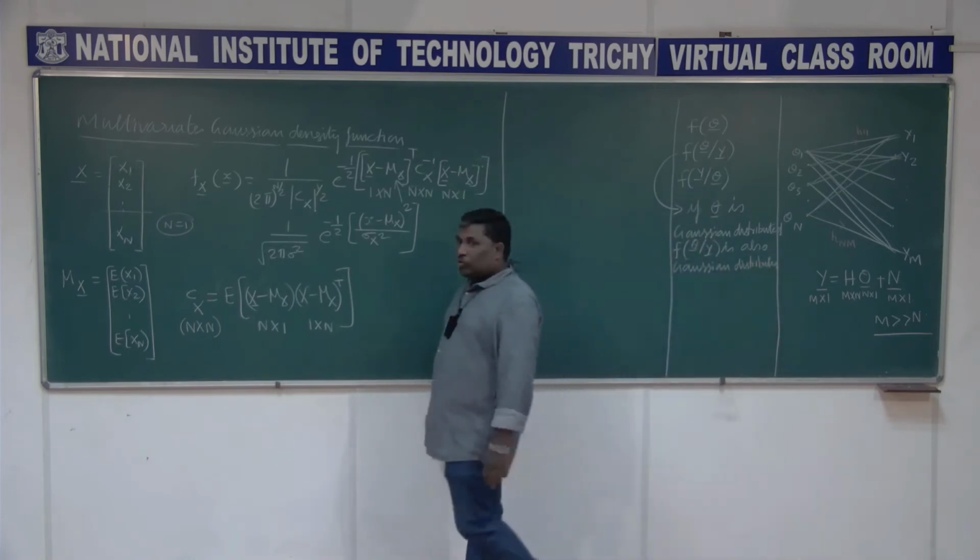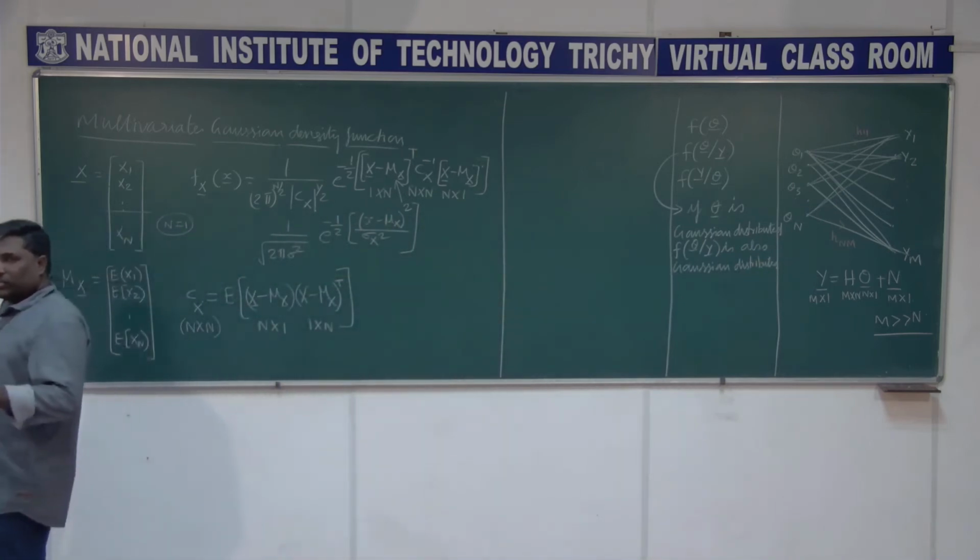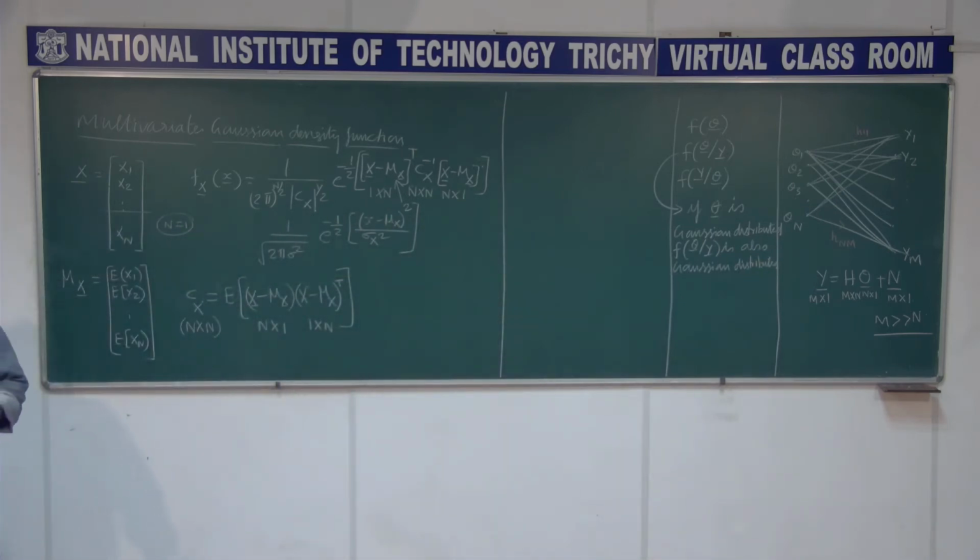It is interesting to note, and I think we have already discussed this, that if the posterior density function is Gaussian, the estimate is simply its mean. In fact, all three estimates coincide. If the posterior density function is Gaussian, the mean is the same as the median and the same as the mode. So once I know that it is Gaussian distributed, it is enough for me to know the mean.